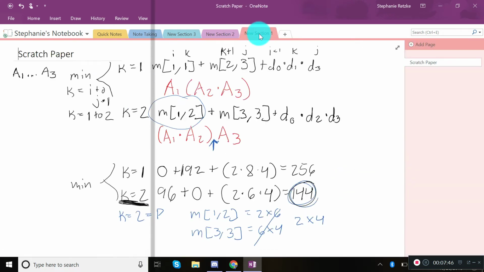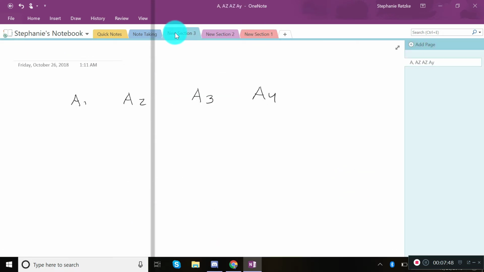So that's why we're going to be putting our parenthesis here first. Okay, so A4 is taken care of. Now we have to look at A1 through A3. We have to look at this section. So A1 through A3.